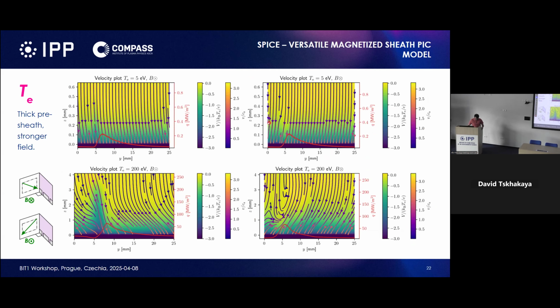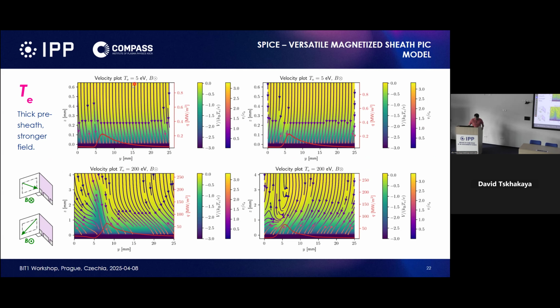And this movement is caused by different electric fields. This movement is caused by the cross-field drift. It is caused by a different structure of the electric field in front of the tile.